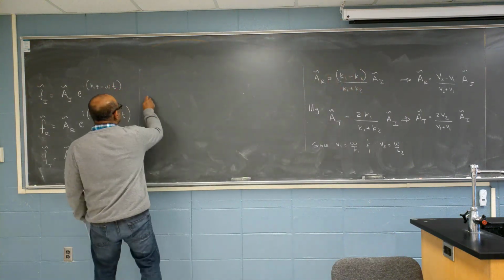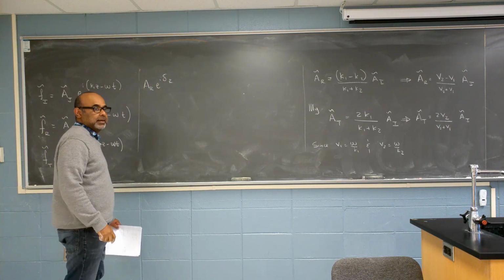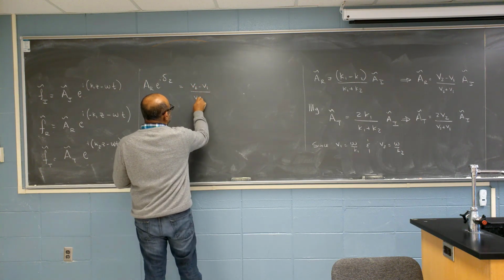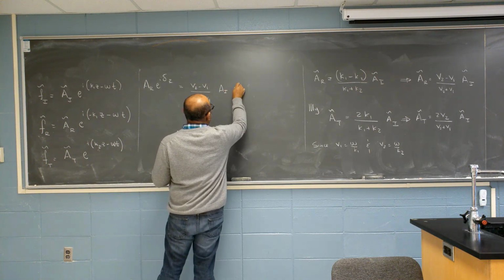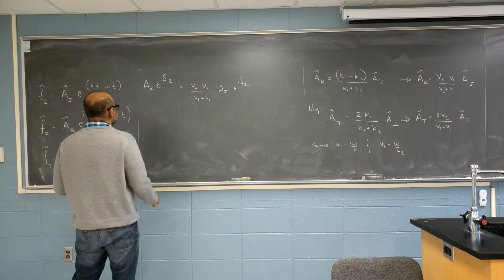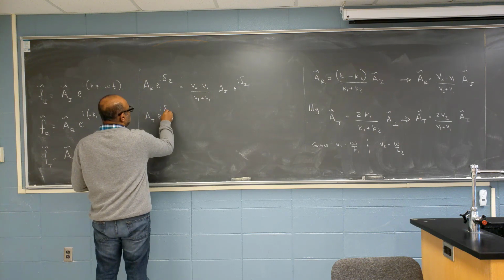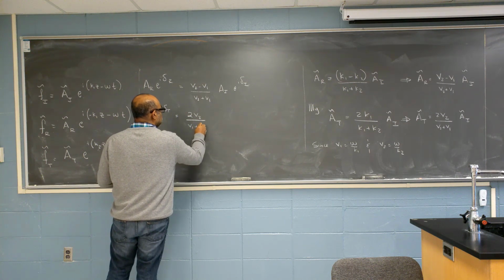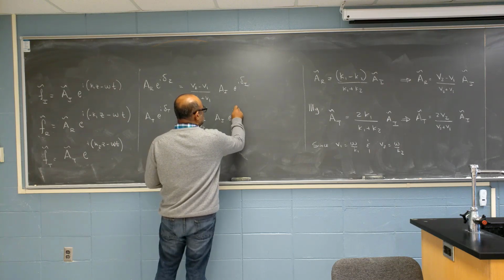So I have AR e to the i delta R. That's how we define the complex amplitude, to be equal to (V2 minus V1) over (V2 plus V1) AI e to the i incident phase, and the transmitted is 2 V2 over (V1 plus V2) AI e to the i delta.